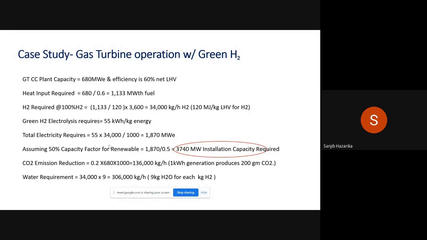So there are of course very big challenges to use hydrogen in a gas turbine. But of course, it's not unachievable, but challenges are there to have the kind of technology that can be utilized.